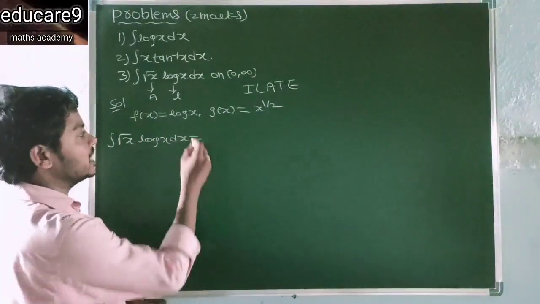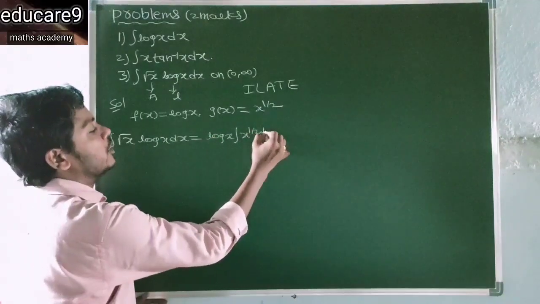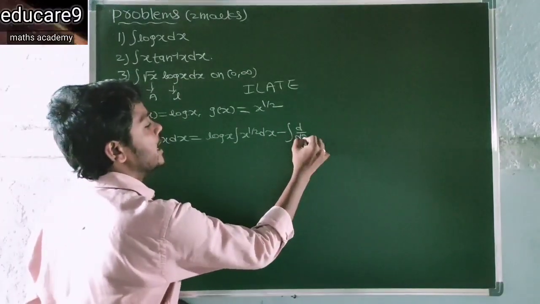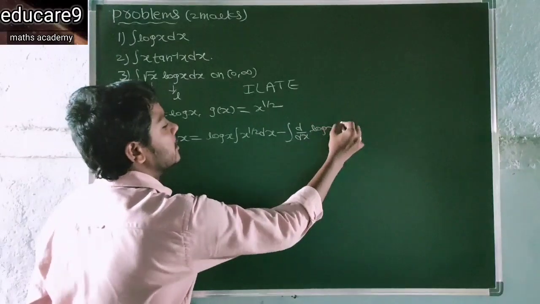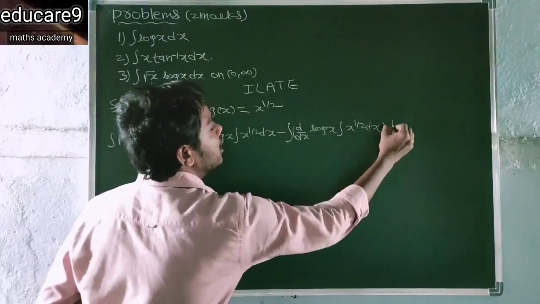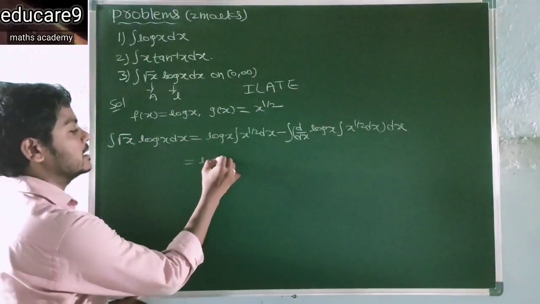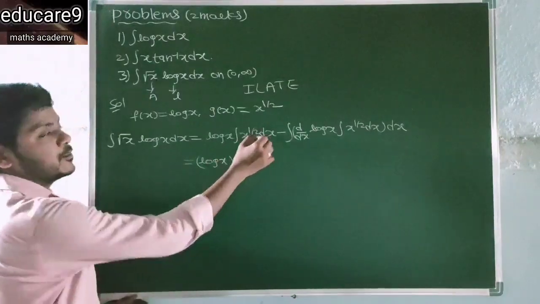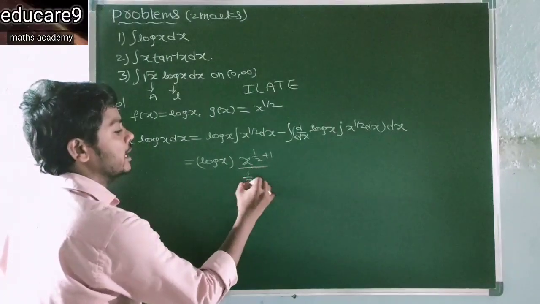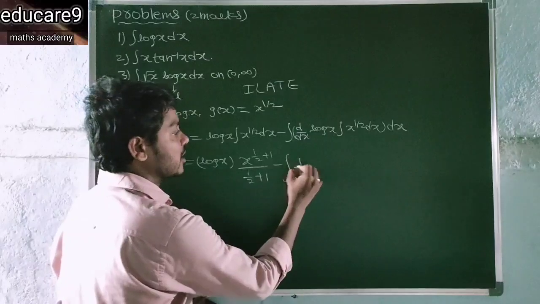Apply the by parts formula, that is f of x into integration of x power 1 by 2 dx minus integration of d by dx of log x into integration of x power 1 by 2 dx, whole dx. Okay. Now this is log x into, by the power formula, x power 1 by 2 plus 1 divided by 1 by 2 plus 1, minus derivative of log x, that is 1 by x.